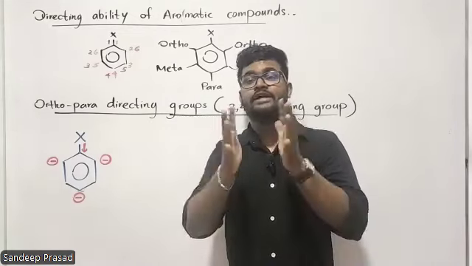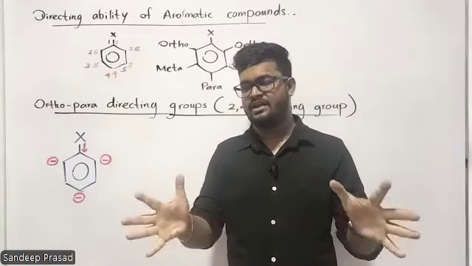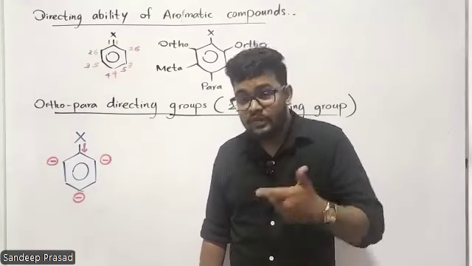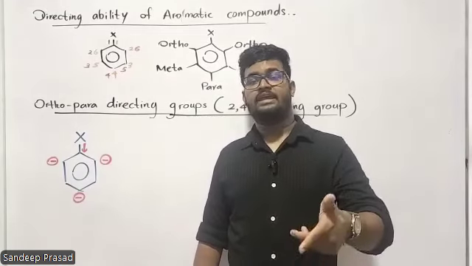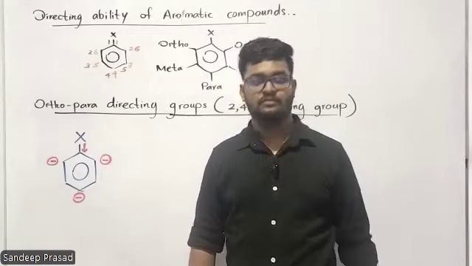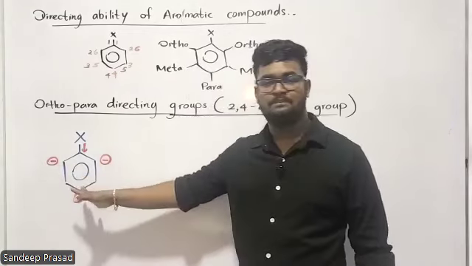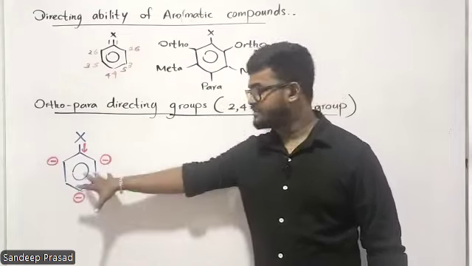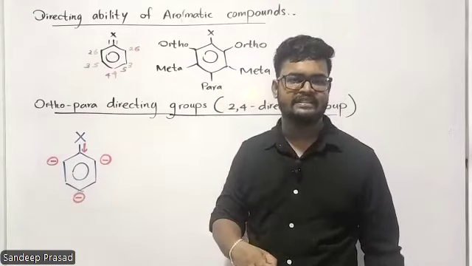We know that electrophiles are positively charged species. They are deficient in electrons. They need electrons, they are looking for electrons. So they have to go to the places where the electrons are rich. You can see that the ortho and para positions of the benzene ring are now rich with electrons, electron saturated areas. Then electrophiles easily connect there.